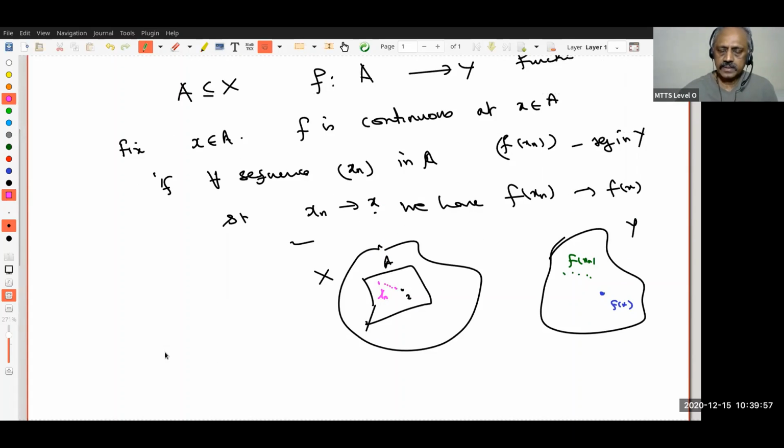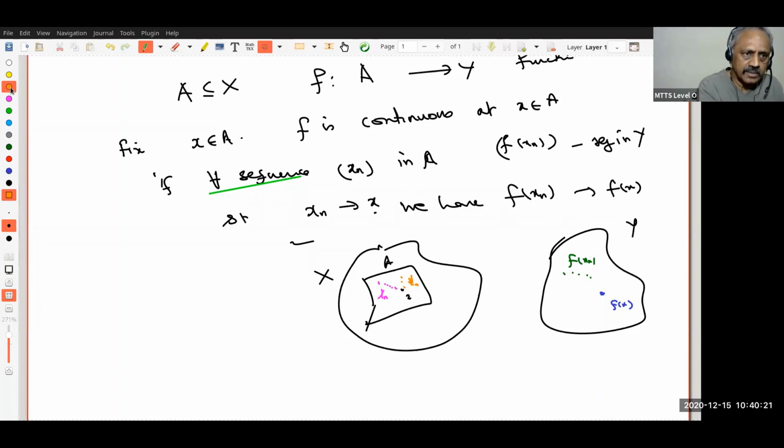All right, is the definition clear? And for which sequences should it hold? It should hold for every sequence. So I may have another sequence, let me use a different color. This may be another sequence, let us call it t_n. t_n converges to x.